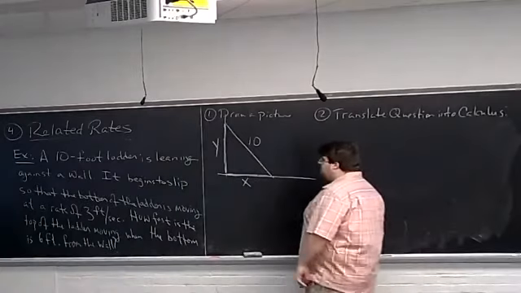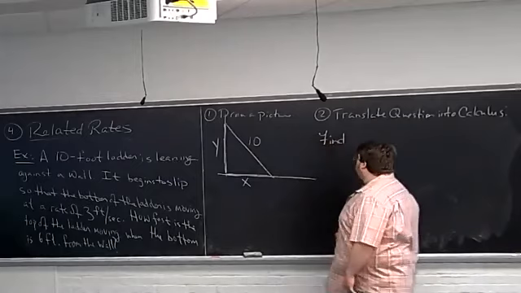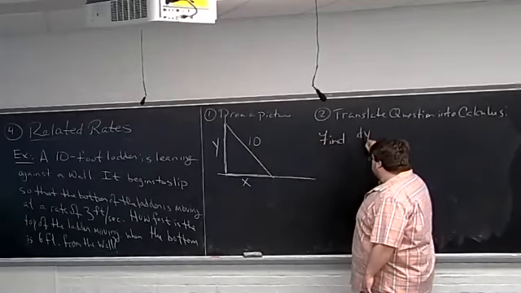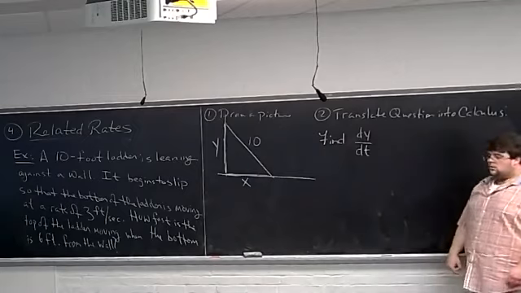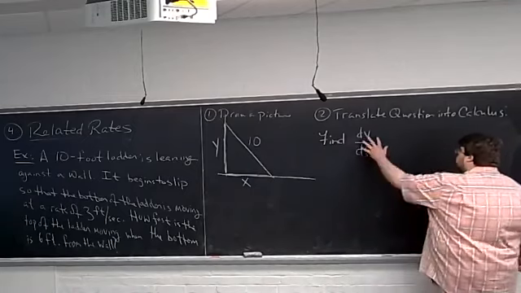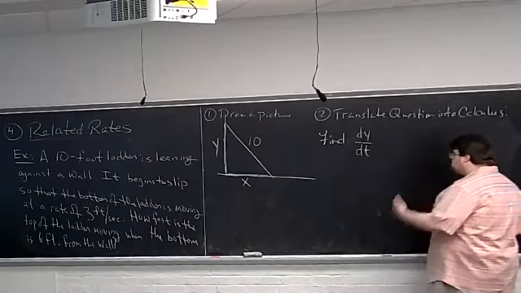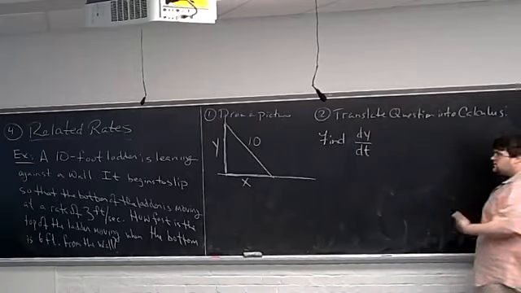And this question is saying, how is y changing when x equals 6? Well, y is changing as time is changing. So this question is asking, how is y changing as time is changing? And derivatives tell us that instantaneous rate of change.